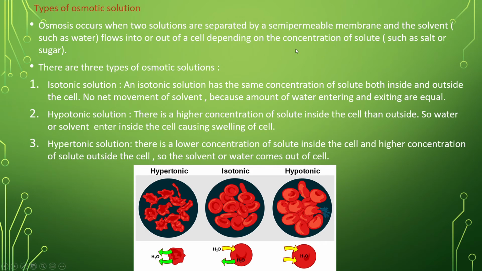That means it depends on the concentration of the salt solution or sugar, whether it will be endosmosis or exosmosis. It depends on the concentration of the solute. Here you can see in the figure there are three types of osmotic solutions. The first one is the isotonic solution.